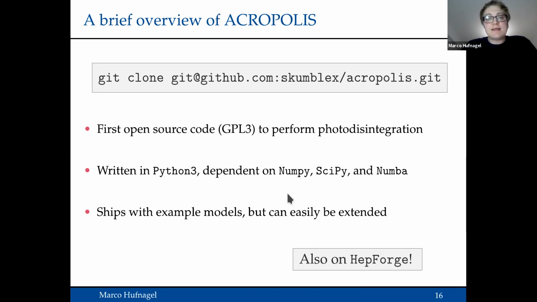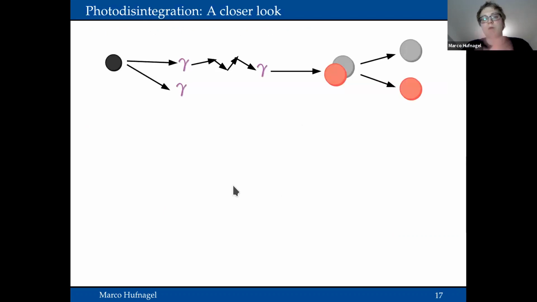Yeah, so let's now talk a little bit about how ACROPOLIS actually functions, and for this we have to go again over the process of photodisintegration, but this time I would like to focus more on what are model dependent and what are model independent inputs, so that you exactly know what you have to do when you implement your own scenario. As I told you briefly before, photodisintegration essentially proceeds in 2 different steps.